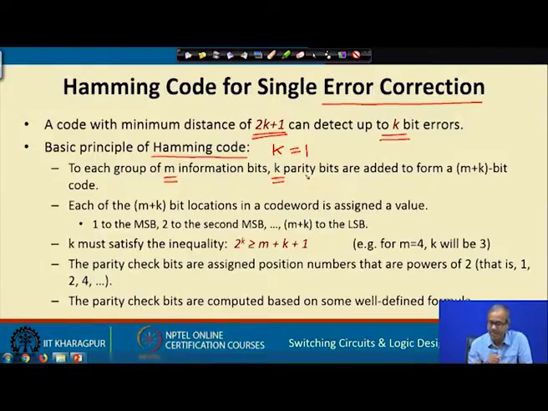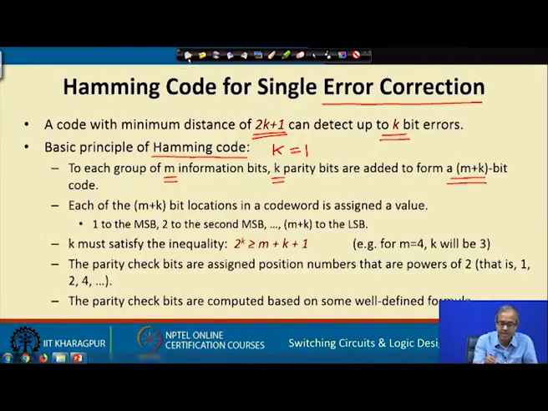We add k number of parity bits, so that we create an m plus k bit word. Now, these m plus k bit words, I shall take an example, will have a bit location.